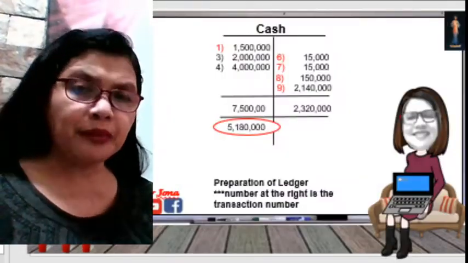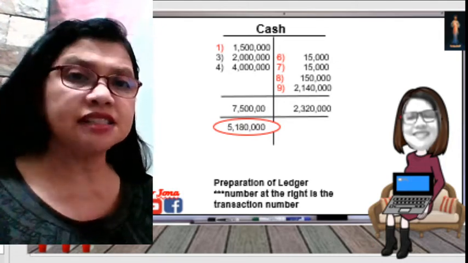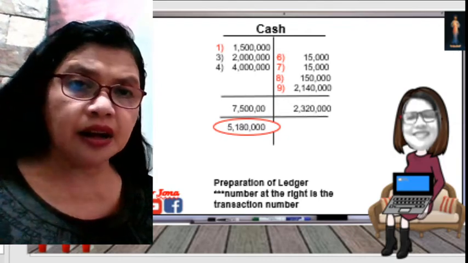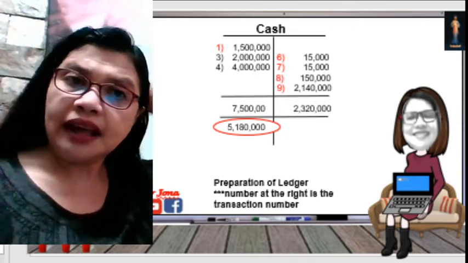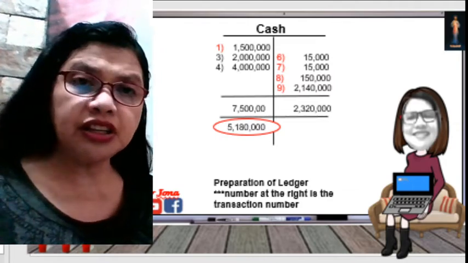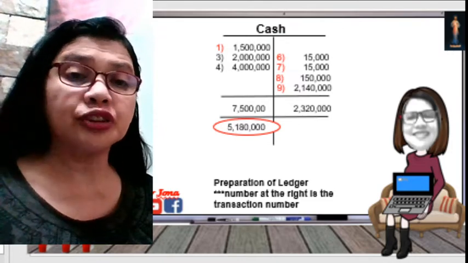From all the accounts, I think there are only three accounts which have changes. One of which is the cash account. The numbers on the left represent the transaction number, and the numbers corresponding to that number are the transaction value.